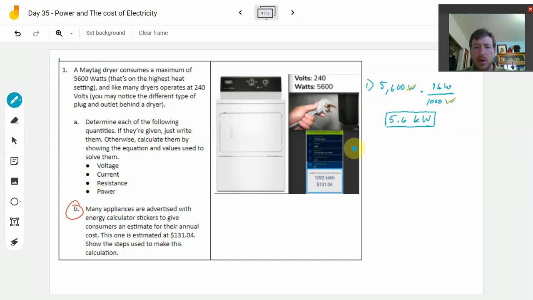Now, if it is estimated at $131.04, we're going to skip to step 4 here. In this case, it's $0.12, so 12 cents per kilowatt hour. We don't know the amount of time that this is projecting that we'd actually use it for.